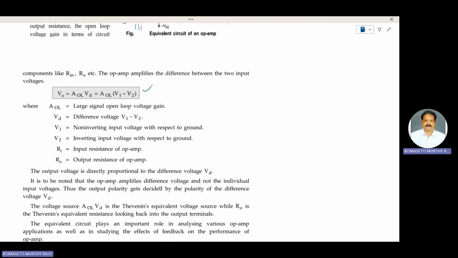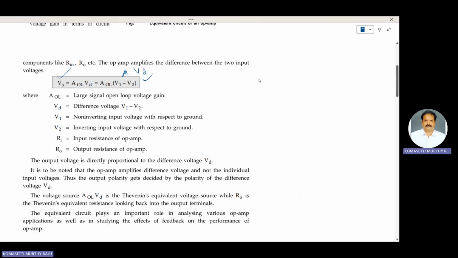It is to be noted that the op-amp amplifies the difference voltage and not the individual input voltages. Individual input voltage means either V1 or V2. It does not amplify the individual input voltages. Thus, the output polarity gets decided by the polarity of the difference voltage.